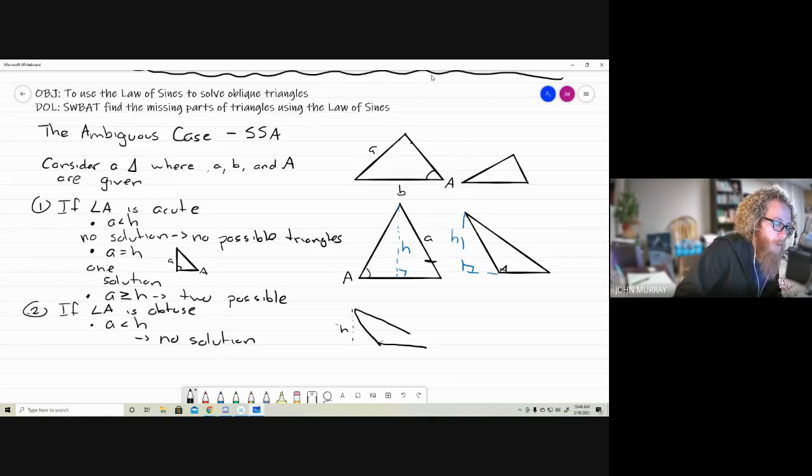If A was less than h, I wouldn't end up with a full triangle. They would never meet side A. I'm sorry, this is supposed to be side B. And then if A is greater than B, then we have a solution. All right, so there's a lot of information there. We'll take a look at the different examples.